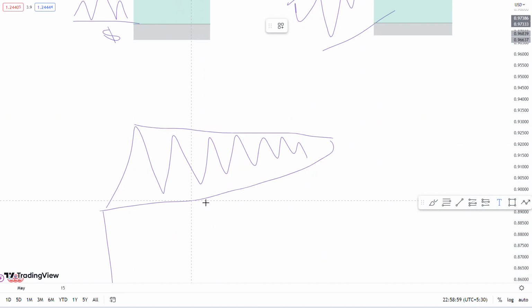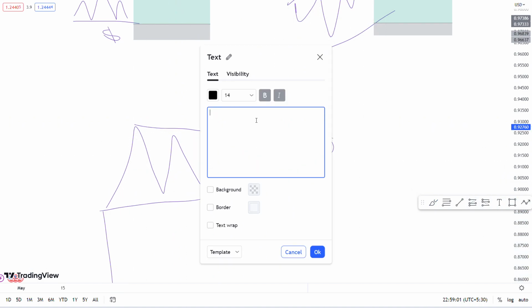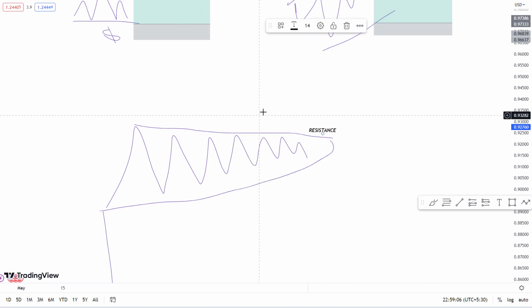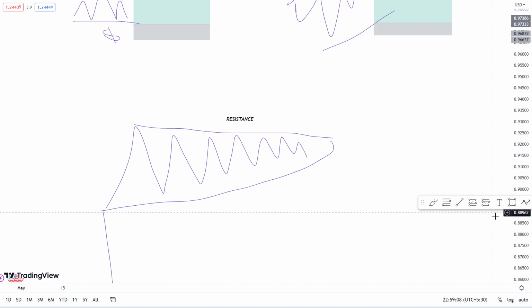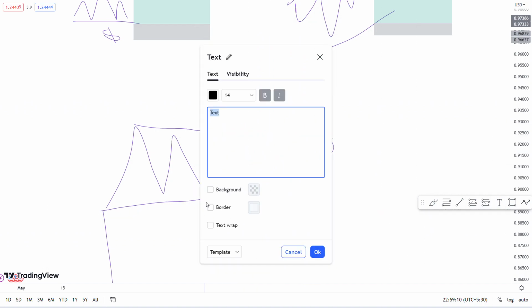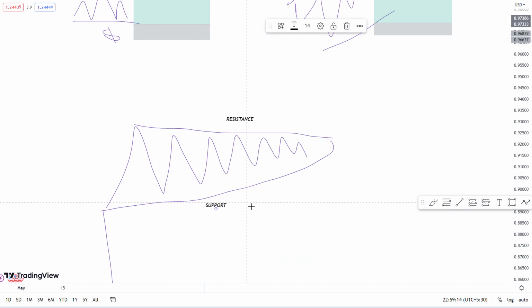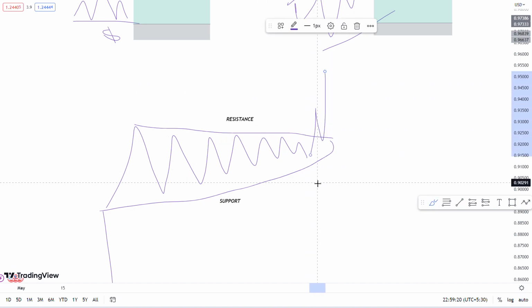This is resistance, and this is the support level. What they will do is wait for the break, retest, and take buys. And the same thing with the sells: they will wait for the break of structure and take sells.